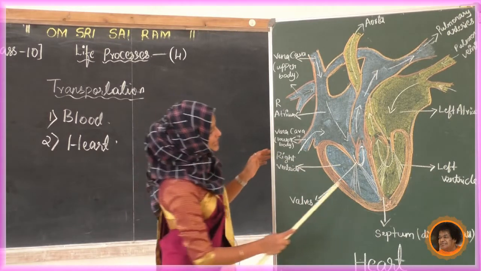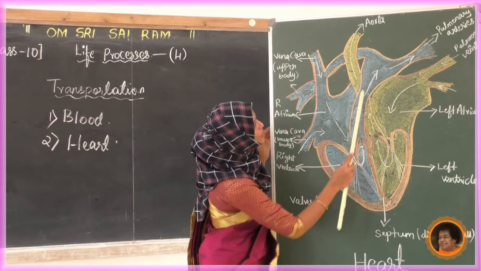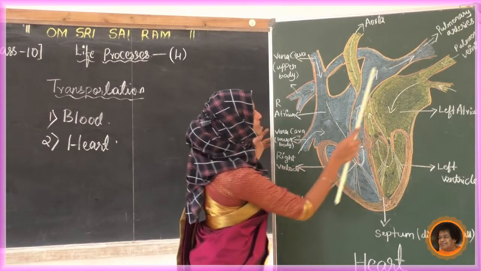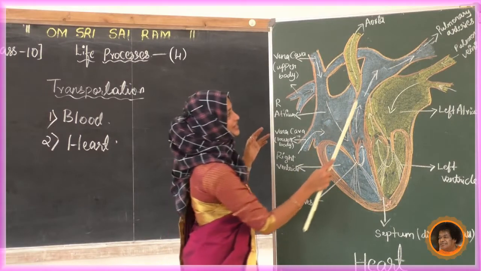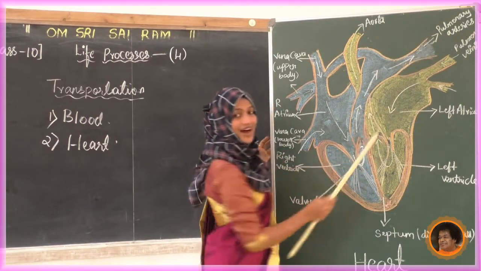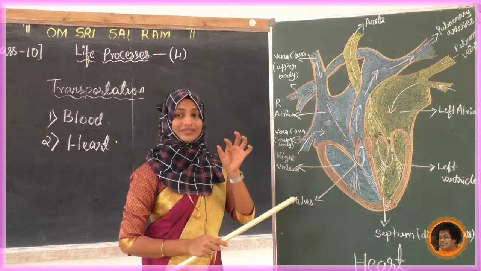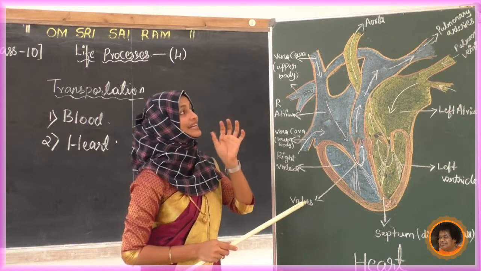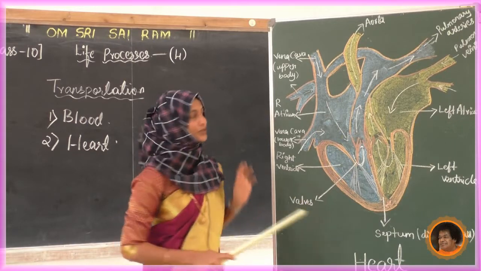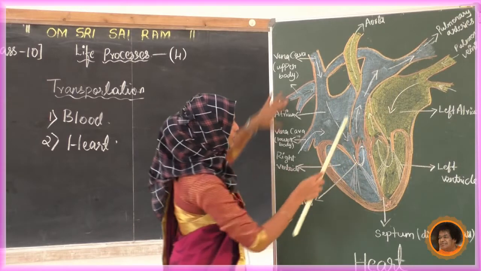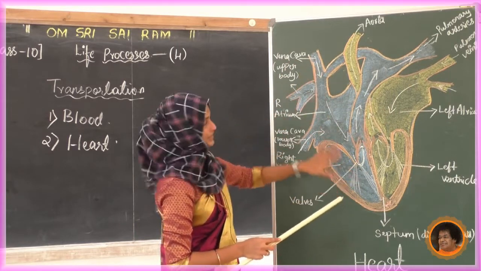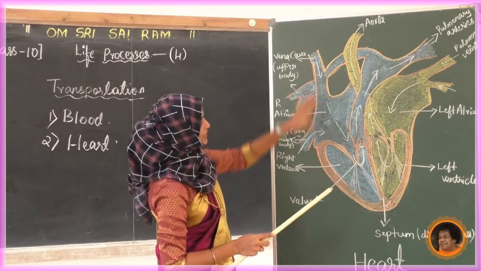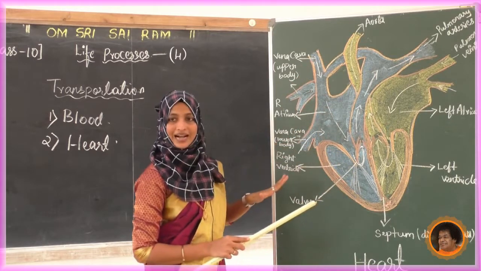Next from here we can see one more pipe, because I colored both the pipes blue. See here, this is the pulmonary artery. Look at the name, pulmonary arteries. Clear? Am I correct? All the blue colored pipes and regions I have named.